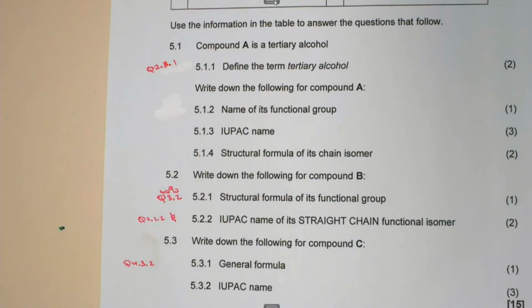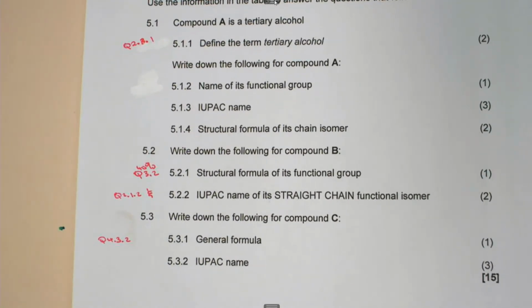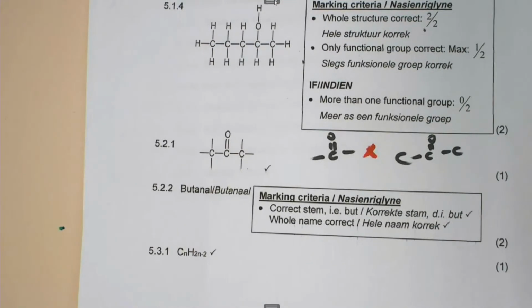And then 5.2.2, for the same compound B, write down the IUPAC name of its straight chain isomer. The IUPAC name of its straight chain isomer is butanal.